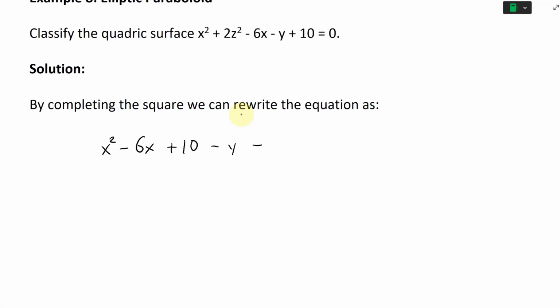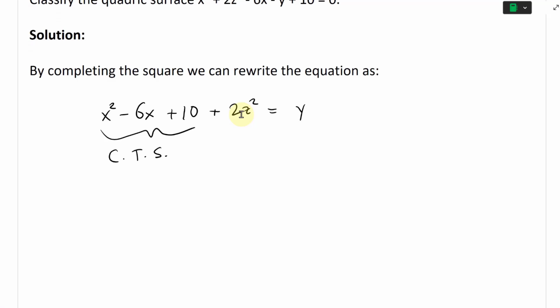Actually, better yet, because this is one variable, I'll move that over to the other side. So we're going to go plus 2z squared, move the y to the other side, so we're going to have equals y, just because it's different from the others. So now we're going to complete the square. So I'll put CTS for completing the square.